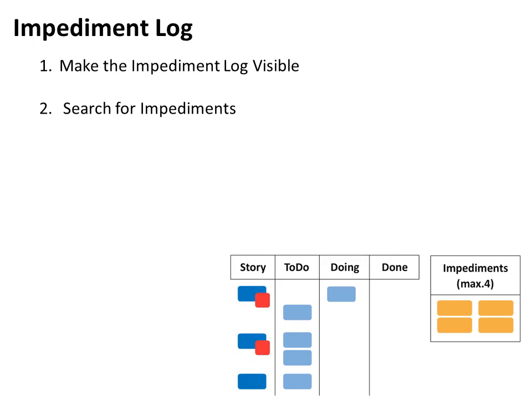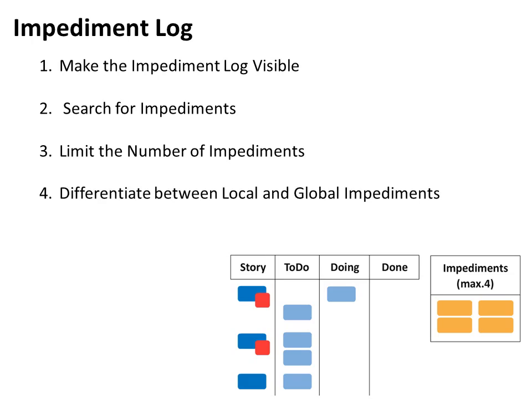The job of the Scrum Master is to find the impediments, search for impediments. Sometimes you'll have a lot of them, so it's a matter of identifying. You can set a limit, like in this case we are talking about setting it at max 4. So at any point of time you're going to focus on 4 impediments only.